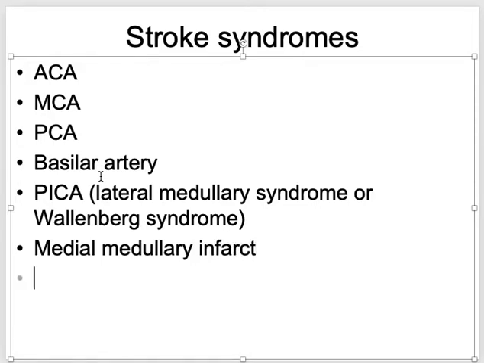Then there is lacunar. I showed you lacunar arteries in the previous lecture, so lacunar infarcts as well. Of course, all of these give different types of features, and if you know which structures these arteries supply, you can easily understand what is going on.